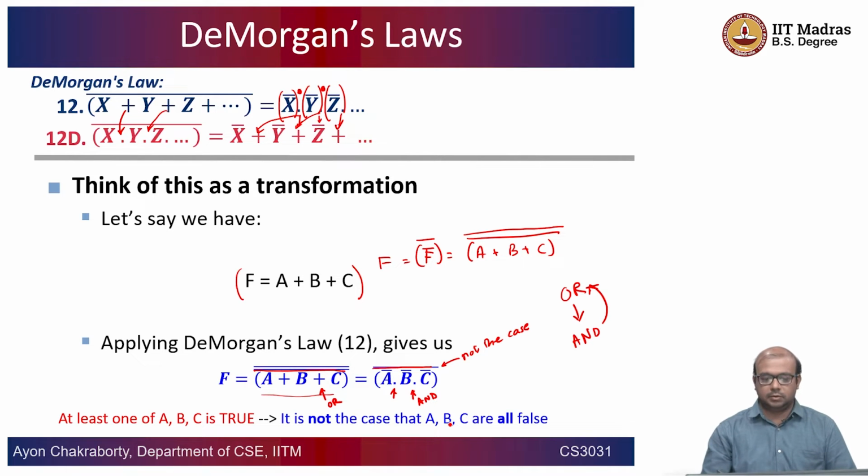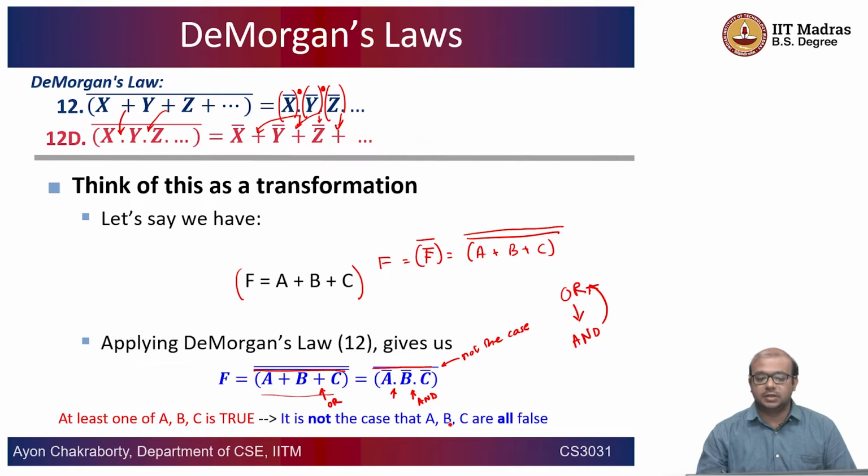So I would encourage you, even for all Boolean algebra expressions, to come up with these statements, and just for fun, you can take two such expressions and compare these statements. They have to be the same, or at least equivalent.